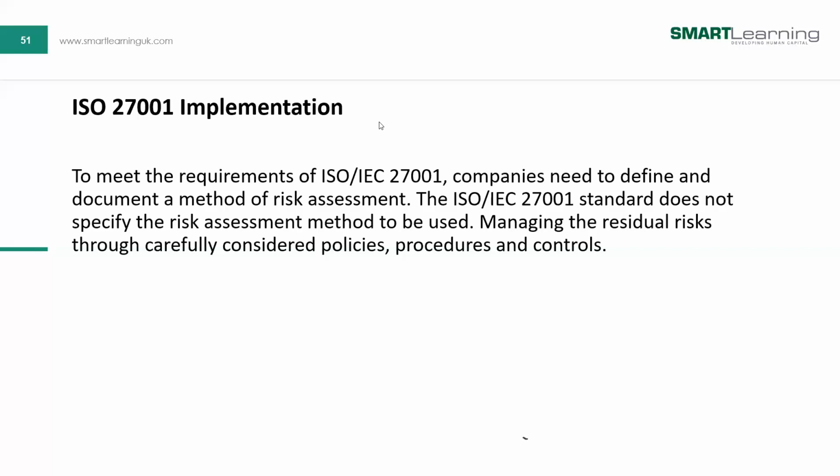Yes, so we defined what an ISMS was yesterday as part of what we were recapping. We said what 27001 was, that it was also called an ISMS. We looked at its applicability and its objectives and who the ISO as a body was. We defined that. We also talked about how long the certificate lasts for, and we looked at how many months it takes to implement ISO 27001. Okay, the mandatory clauses of ISO 27001 are clauses 4 to 10.